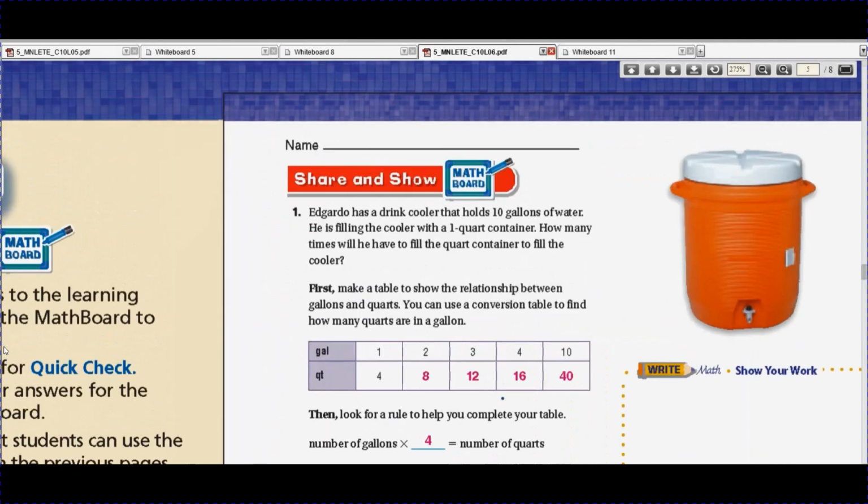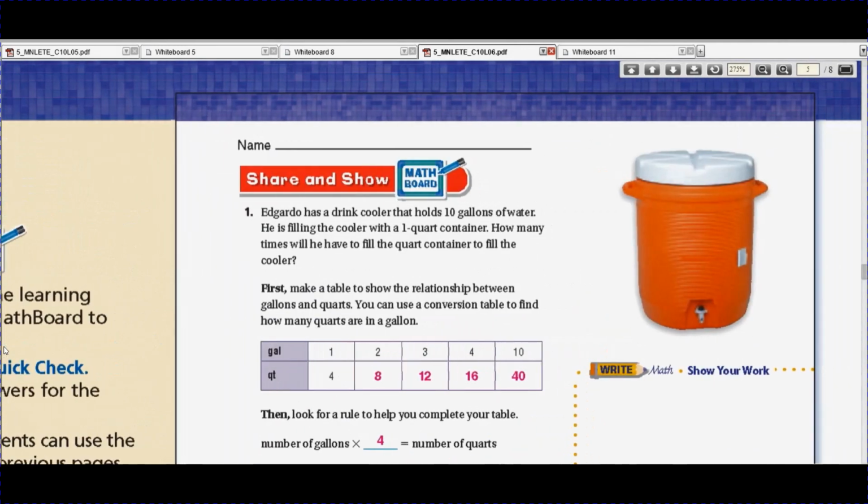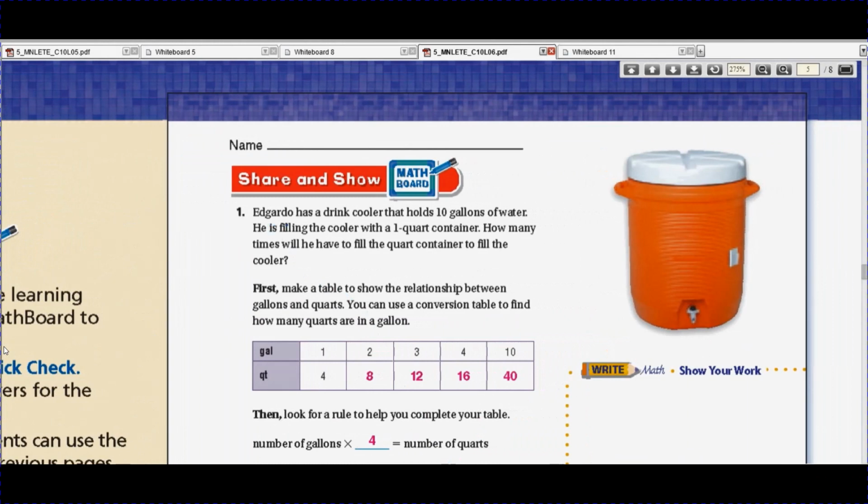Okay, we have here in this problem a container that holds 10 gallons of water.